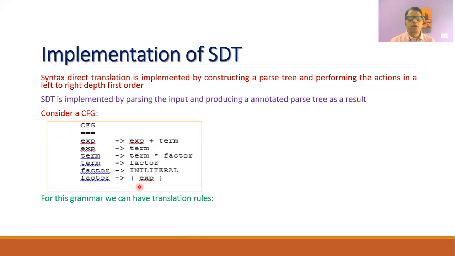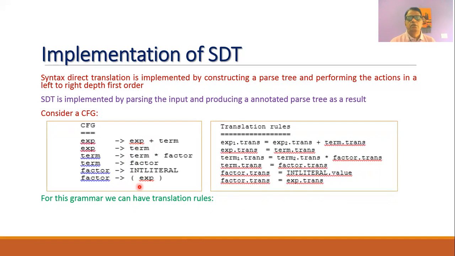Now for this grammar, it is possible to assign the translation rules. The simplest way of assigning the translation rules is like this. The first production rule can be assigned the translation rule expression 1 dot translation value is equal to expression 2 dot translation value plus term dot translation value.